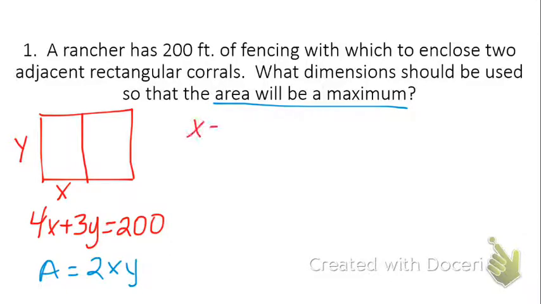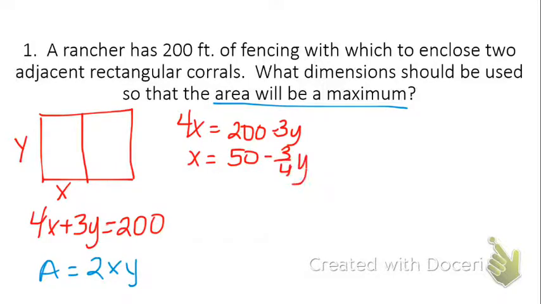So I get 4x equals 200 minus 3y. Divide by 4, so x is 50 minus 3/4 y. Questions? So you get the 2 equations. You solve the one that has all numbers in it for either x or y. And then you go back and you plug that into the second equation.